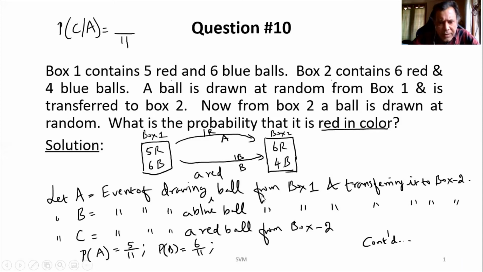You are going to choose a red ball. Not 6 red balls, because now one red ball has gone up and it will become 7 red balls. Out of 7 red balls, you are going to choose one. That means that probability will become 7 by 11.